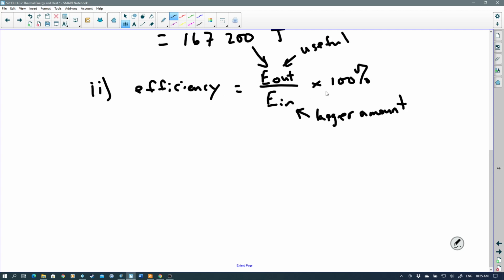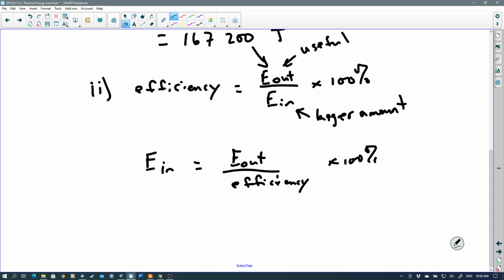Well, all we have to do, because everything is multiplying on this side, is take the E in and move it over to this side. So the E in is going to be equal to the E out divided by the efficiency times 100%. So what that'll look like is this. We're going to have 167,200 divided by 65% times 100%.